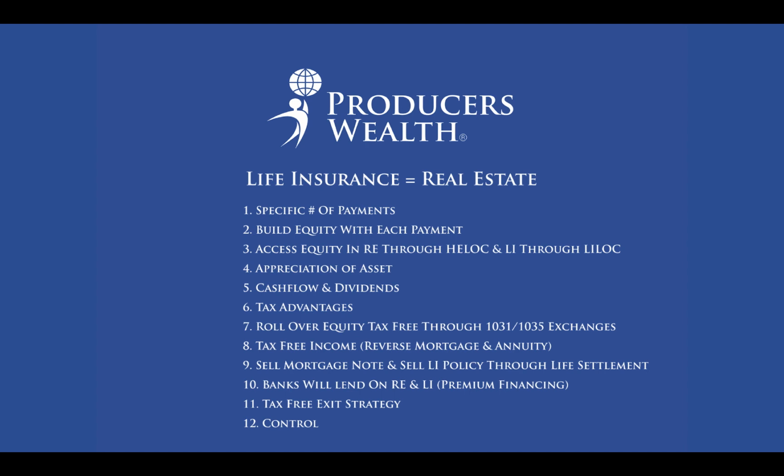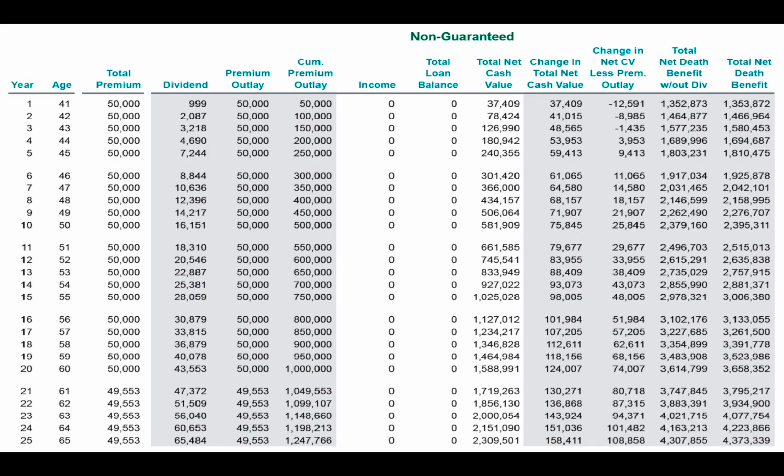You, as the person that owns or controls a piece of real estate or a life insurance contract, have an incredible amount of control, which is very, very different than essentially just putting your money in the stock market, also known as the Wall Street casino, and just hoping that the value of the equities in which you invested goes up in value. Let's take a look at this life insurance contract just to recap how life insurance is very similar to real estate.